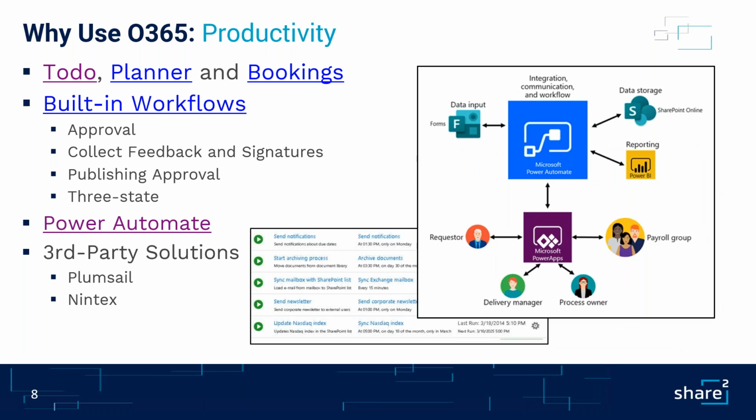Productivity. Microsoft gives us a lot of productivity applications. We did a webinar on April 1st on remote project delivery, and we talked about a few of these. Microsoft To Do is for personal task management. These are all links, so when you get the presentation, you can go into them. I'm not going to have Jim do that for all of these, but Planner is for group collaboration and productivity.